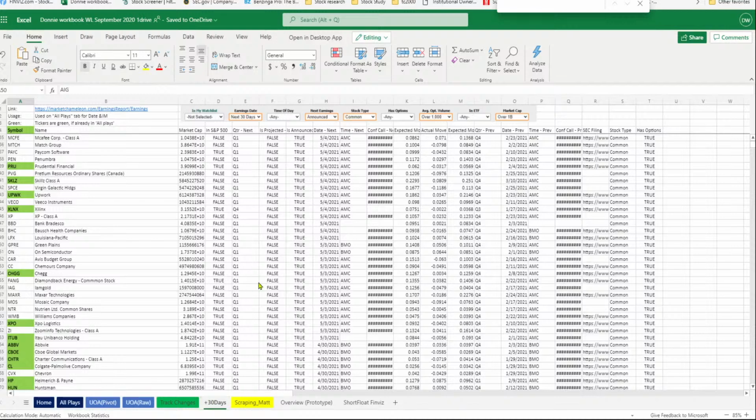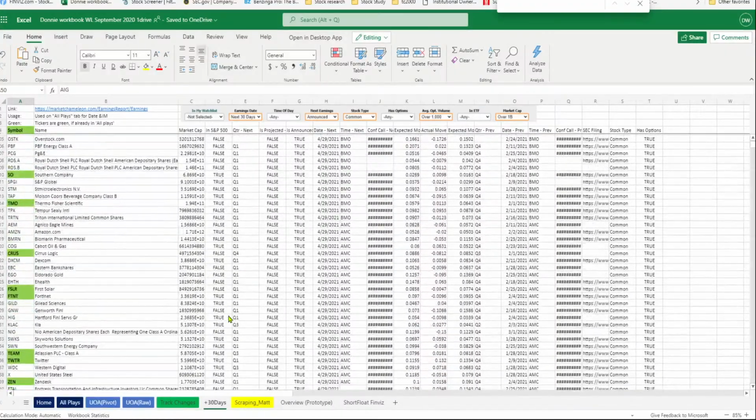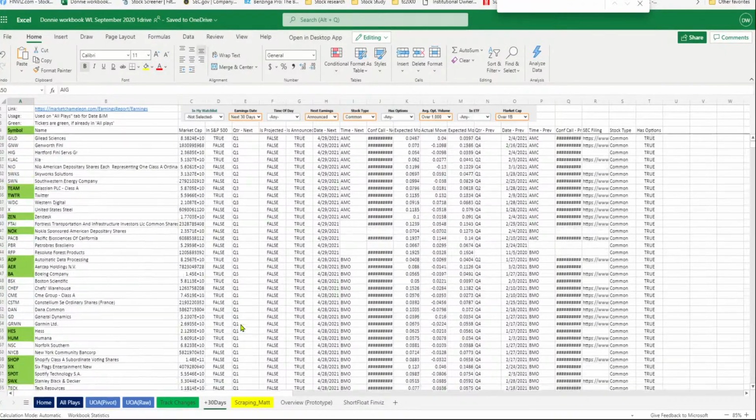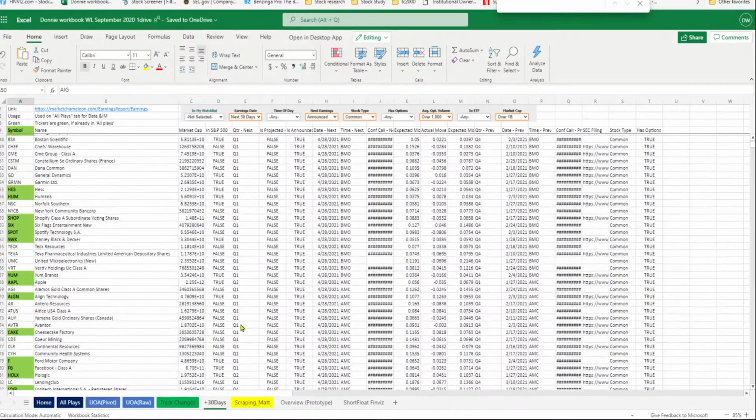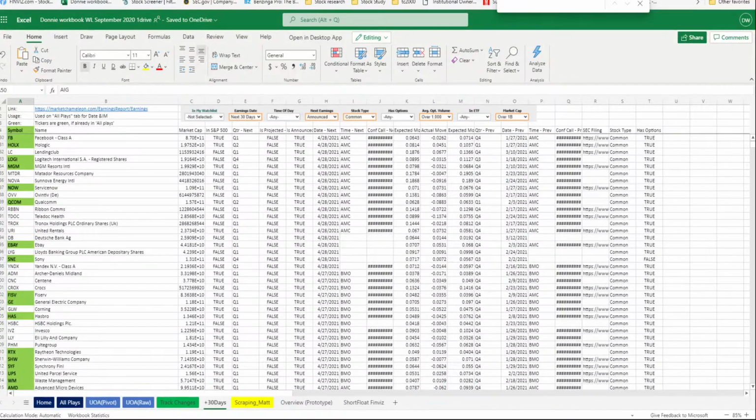A lot of times what happens is, I'll have already downloaded a sheet and I've already gone through and handpicked out the ones I want to pay attention to. And then somebody will announce like ENPH and I won't have them on there. And I need to come back in here and go through it and see. So ENPH is definitely one that I need to add. Did anybody see anything else not on the list? If you don't see it, just let me know and I can add it.